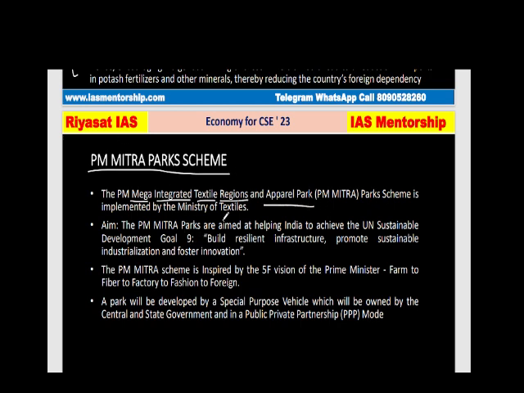This scheme has been implemented by the Ministry of Textiles, and it aims to help India achieve United Nations Sustainable Development Goal 9, that is building resilient infrastructure, promoting sustainable industrialization and fostering innovation. It is basically providing a proper region and apparel park with proper infrastructure so that the textile industry can be encouraged.